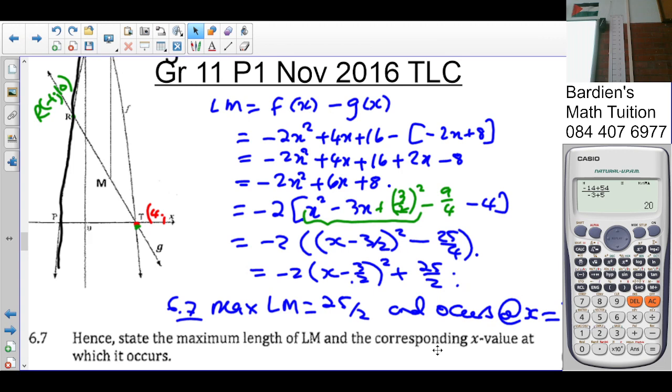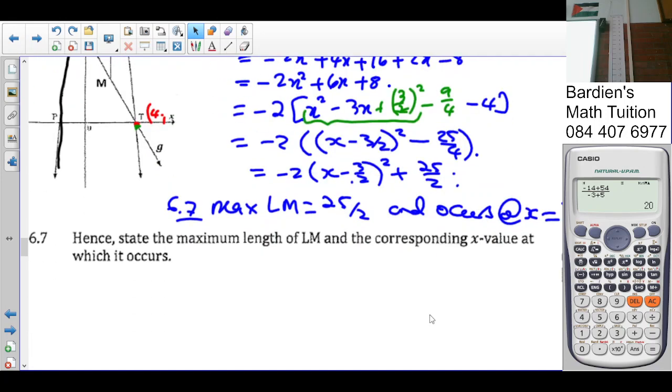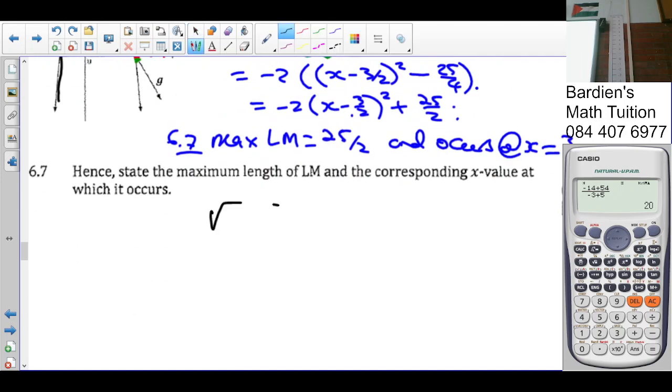Okay. What if they'd ask you to determine the maximum length of the square root of LM? They ask you to then state the maximum length of the square root of LM.